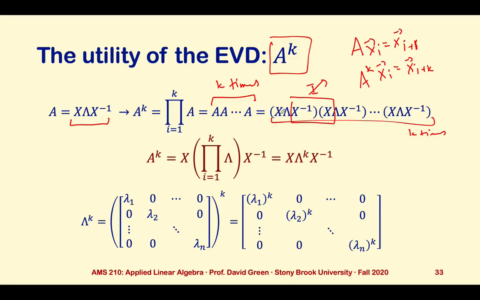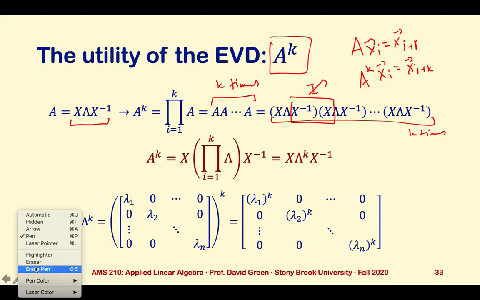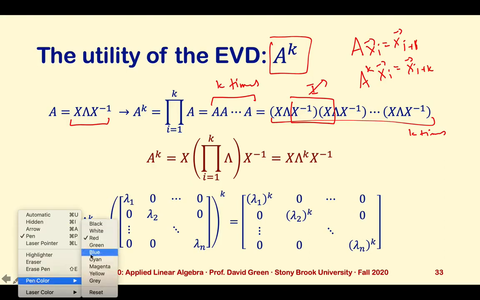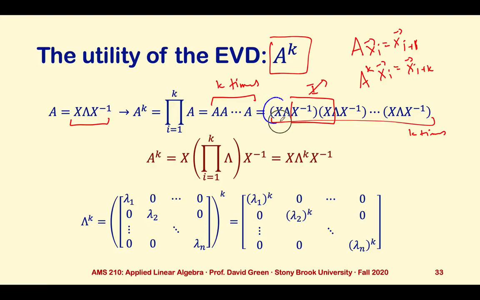and so on. And the only ones that we are not able to remove in this way are the very first entry of X and the very last entry of X inverse.